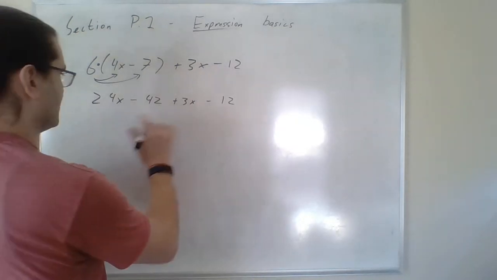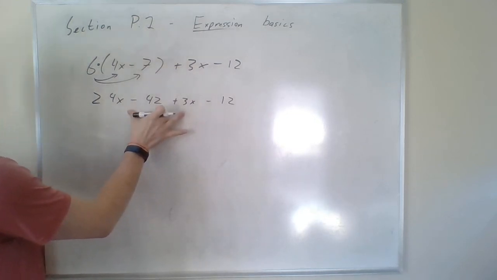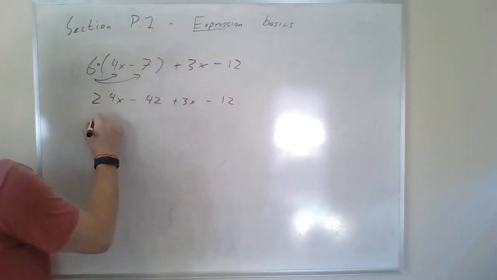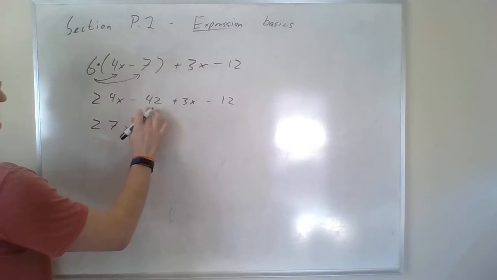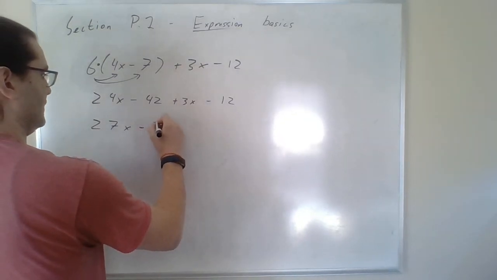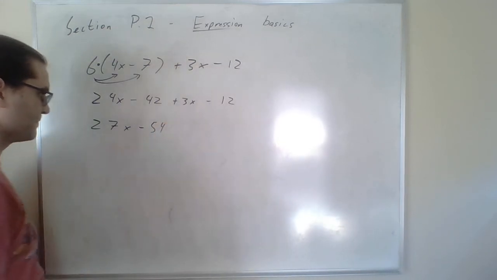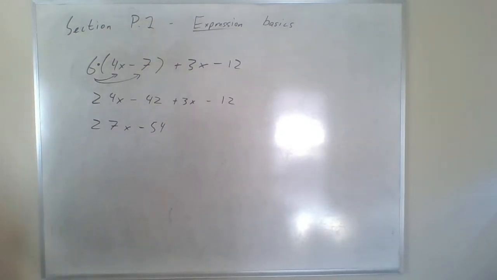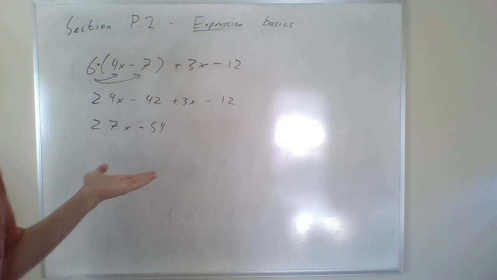So the 24x and the 3x are like terms because they both have exactly one x in them. So that'll be 27x. The negative 42, the negative 12 are like terms. That'll be negative 54. And that's about all there is to it.